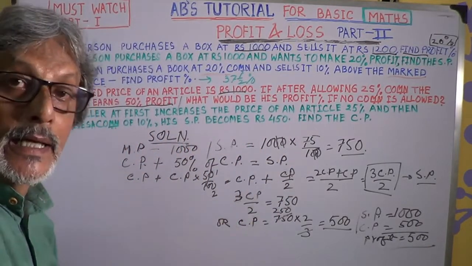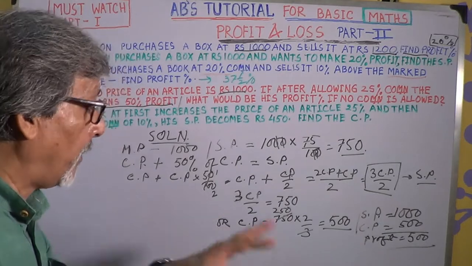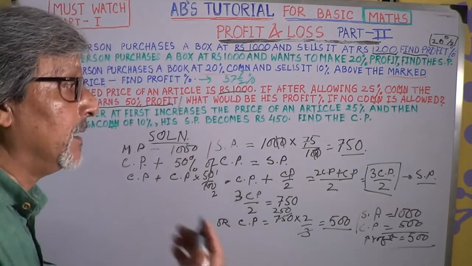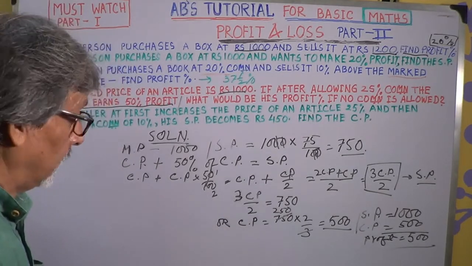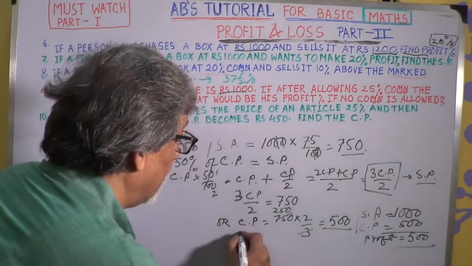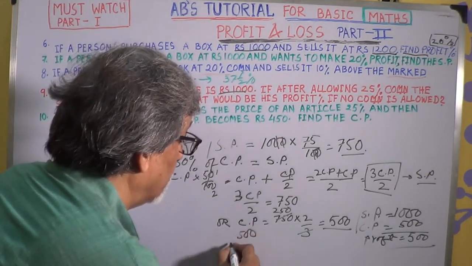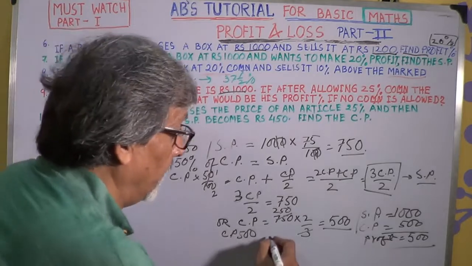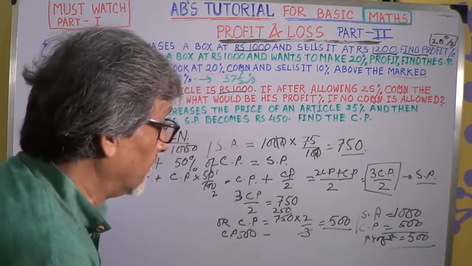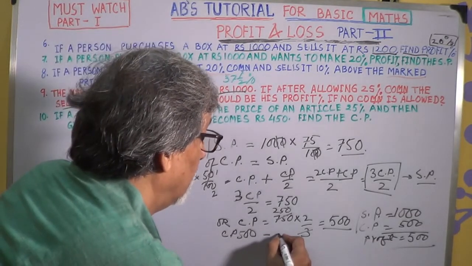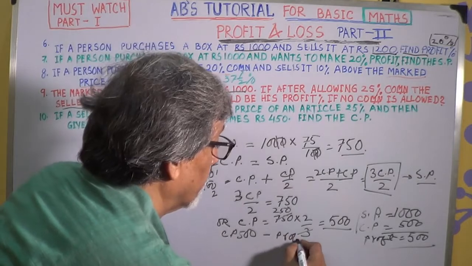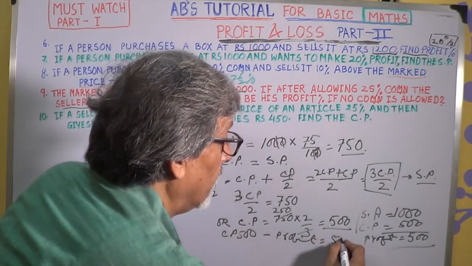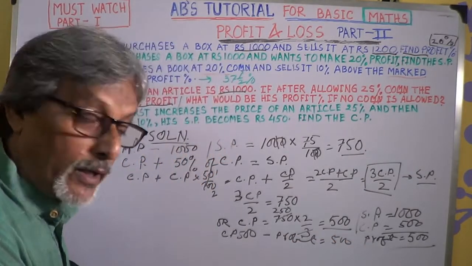Okay, so now again the unitary method. From 500 he is earning 500. When CP is 500, profit is also 500.